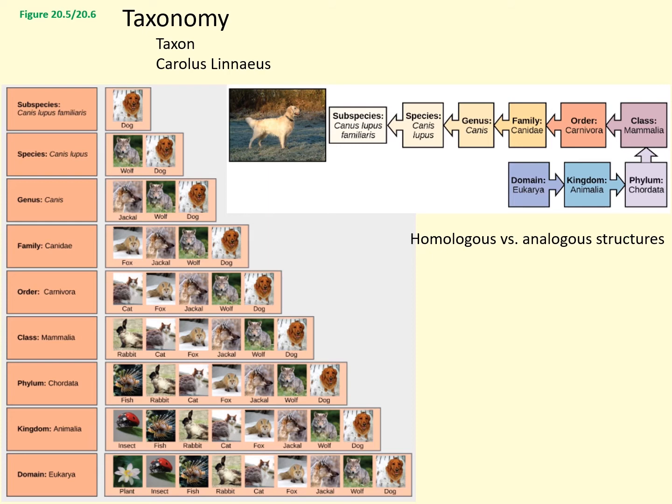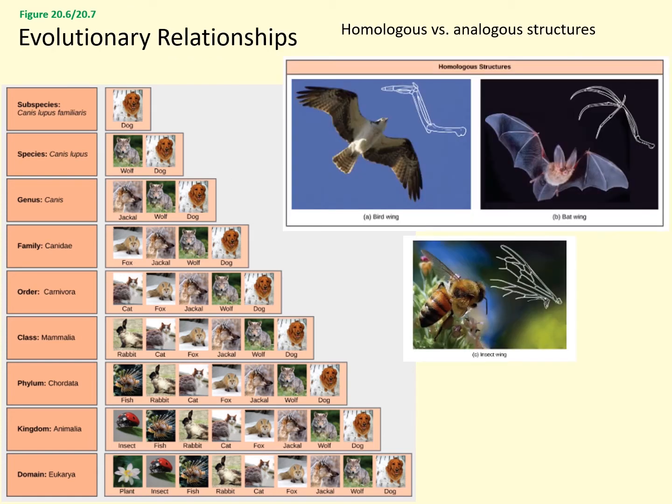They're used for the same features in flight, but they're developed differently. Oh, here we go. Here's the bird wing and the bat wing. So these are homologous structures, same embryonic origin. They're constructed differently, but then an insect wing would be an analogous structure on there.